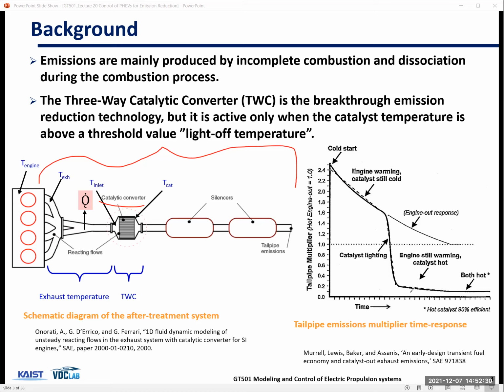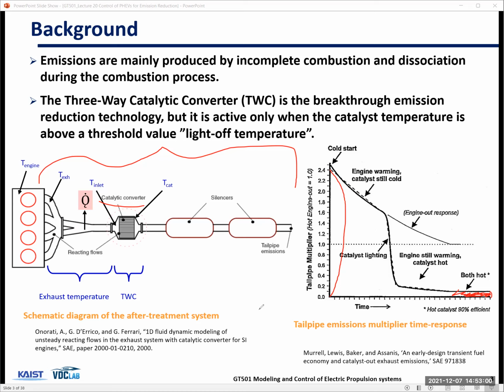So when the engine is hot and the converter is hot, you only get this much of tailpipe emissions. All the gases are safe emissions, and harmful emissions are very small. But initially you have this much of harmful emissions.